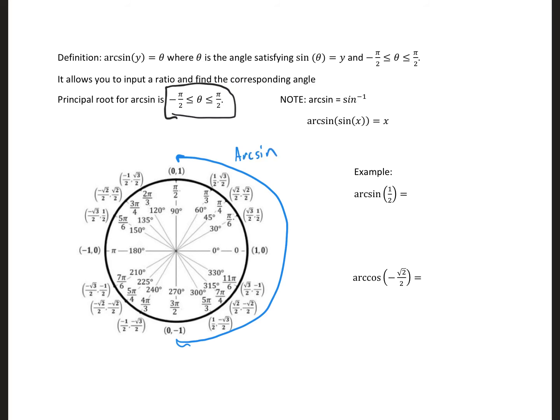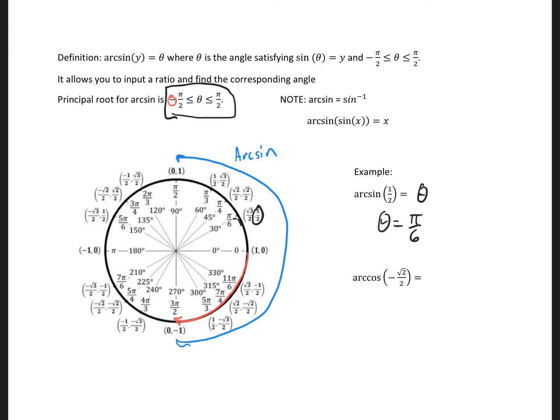And notice these angles here, if you move to the right, we're counting these angles negatively. So if I want to find arc sine of 1/2, that's a y-coordinate. I want the theta that goes with it, and we're only looking in this right region of the unit circle. Here is where y is 1/2. That's at positive pi over 6.